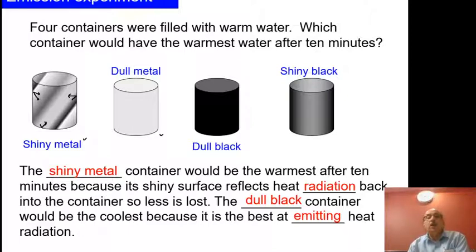So it emits the heat radiation the largest. So the temperature of the dull black water will be coolest. This is the emission experiment where the radiation is emitted. The shiny metal emits the least radiation and the dull black metal container will emit the most radiation.